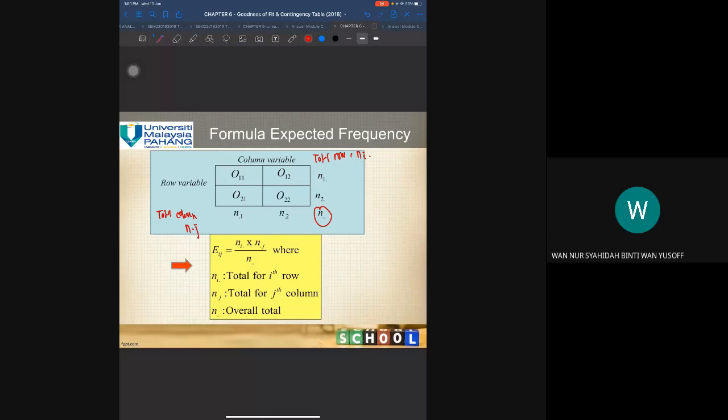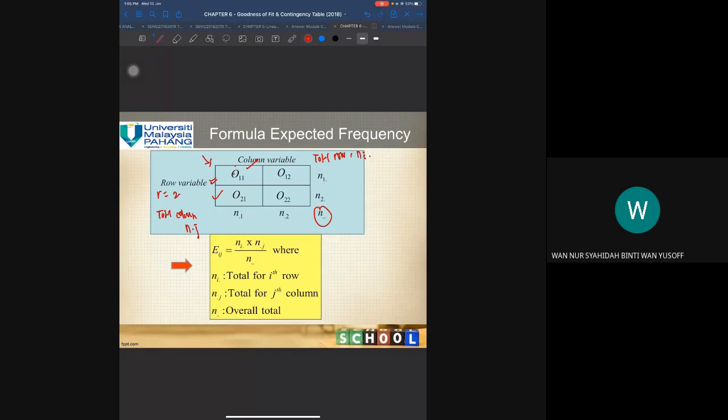Let's say you have this data. O11 means the data is the combination of the first level of the row variable and the first level of the column variable. The number of rows is denoted by small r, so r equals 2 in this example.